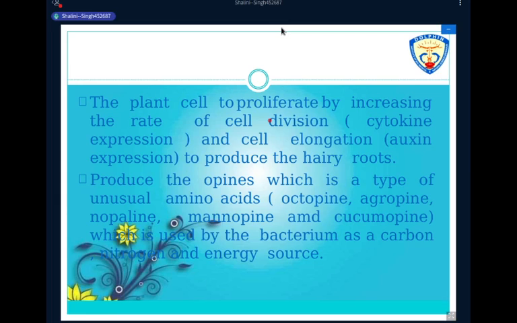And it also has signals for the opine production. Opines are very specific compounds which are unusual amino acids, namely octopine and nopaline. Sometimes agropine is there, and they are present in these agrobacteria, and they serve as a nutrition source also because they have carbon and nitrogen.